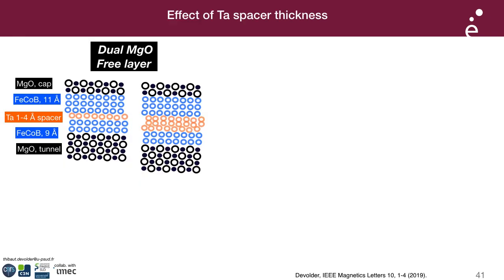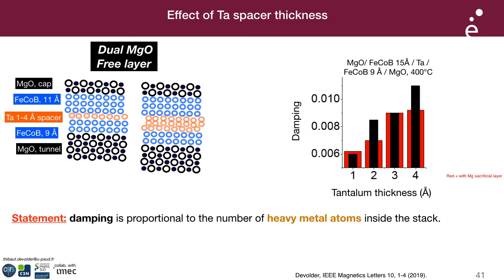And if you want to be more convinced, you can do the following experiment. You can vary the thickness of the tantalum spacer at the middle of the free layer and measure the damping for a few thicknesses of tantalum, and you will see that it grows as the number of heavy metal potential contaminants inside the stack.